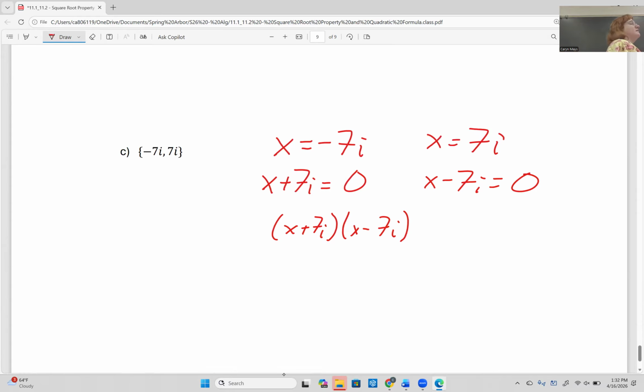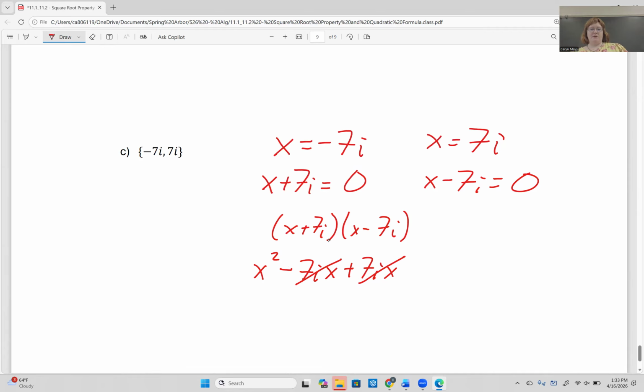When I FOIL that together, x times x is x squared. Will I have an x term? Will I have a term in the middle? Okay, I've now heard both. Let's actually do it. Outer, x times -7i is -7ix. 7i times x is a positive 7ix. -7ix plus 7ix cancel each other.